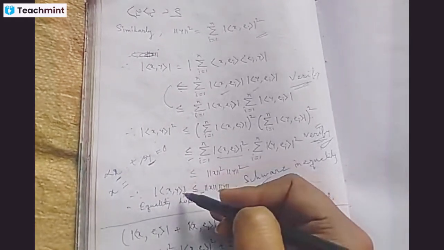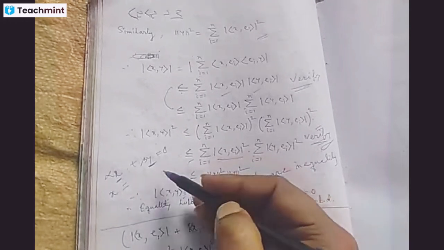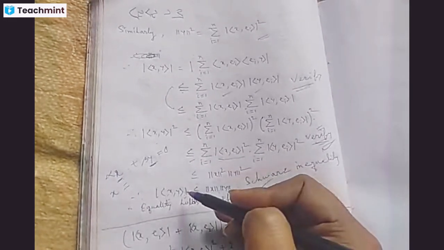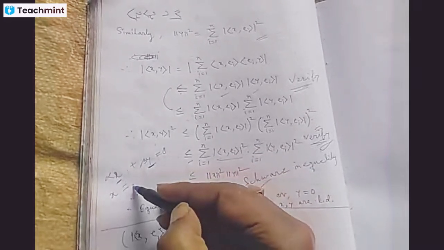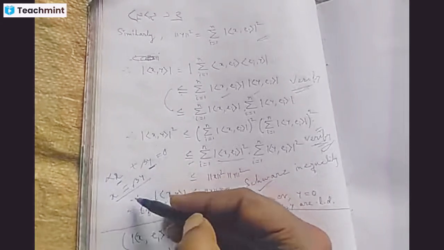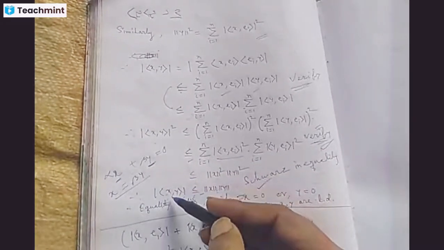If we put x equal to beta y, you can assume this, then it can be very easily shown.